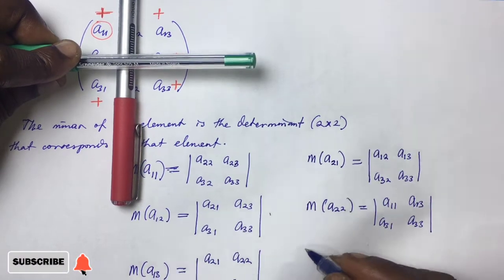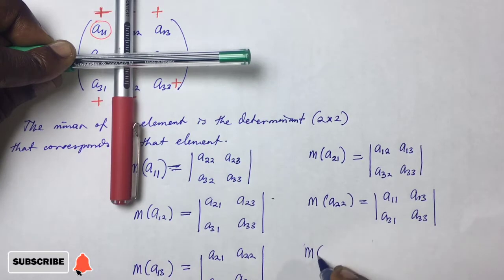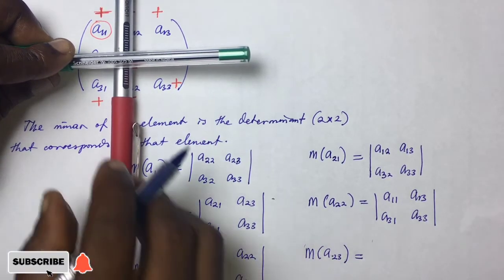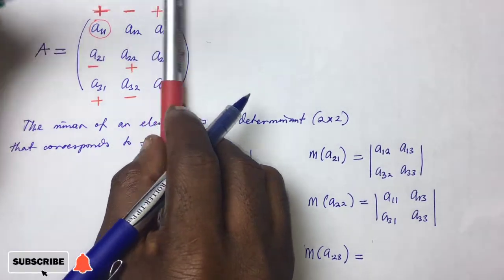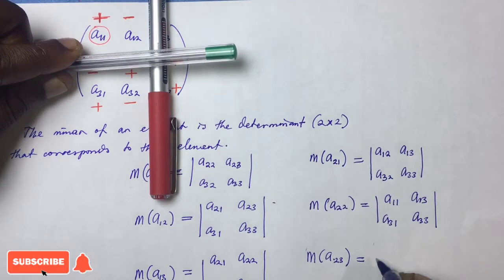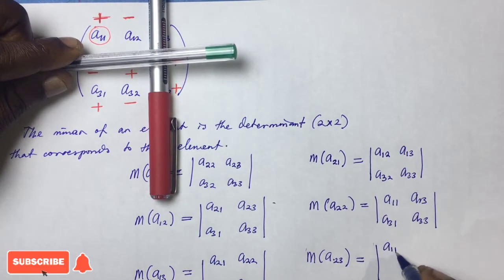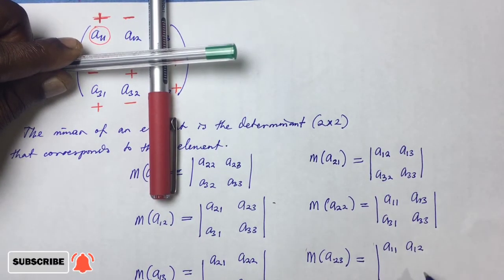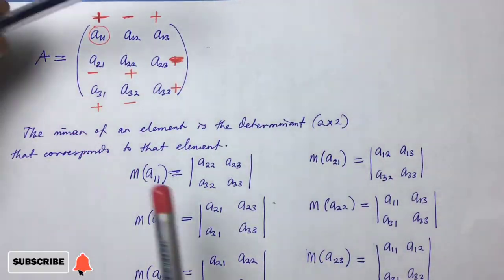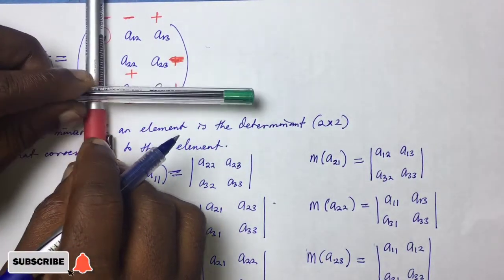Okay? If you cross out A23, what are you going to have? You will notice if you cross out A23, this is what you're going to have. You are going to have the elements remaining. So take the determinant A11, A12, A31, and then A32. Okay? Now, if you want to get it for A31, all you have to do is cross out A31.